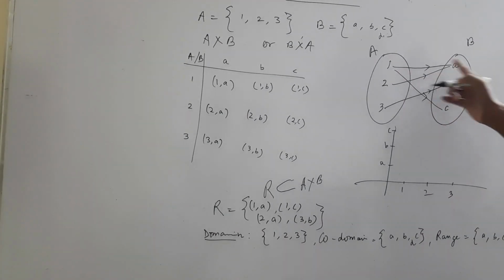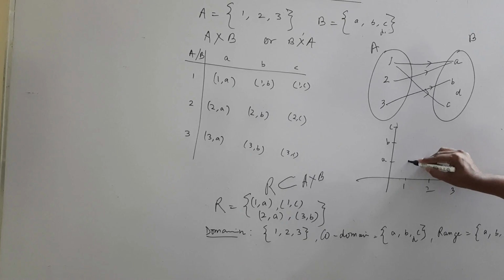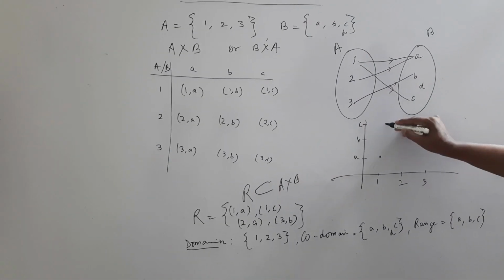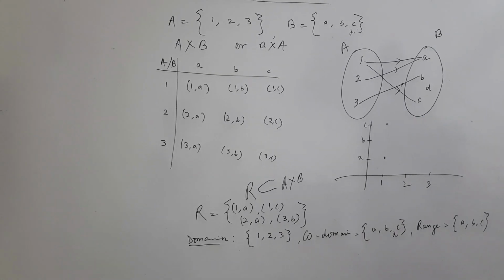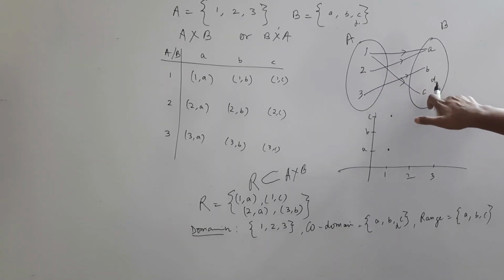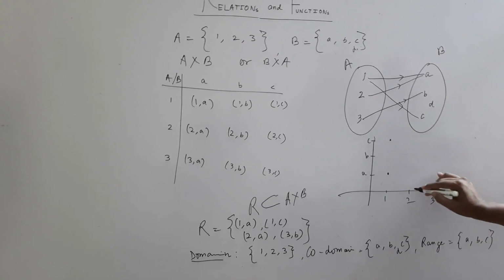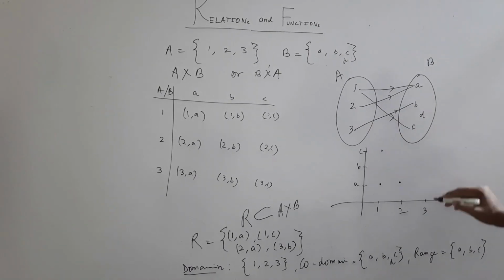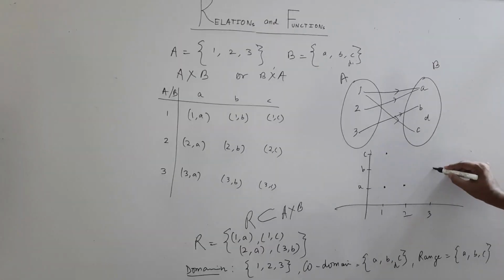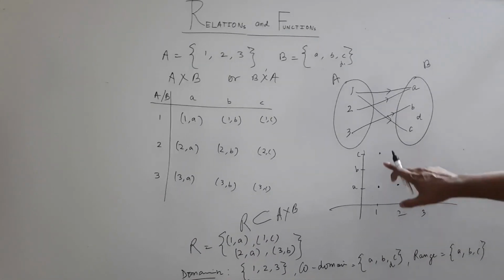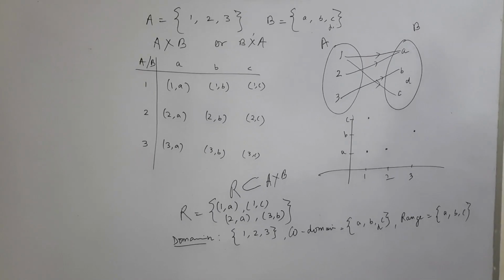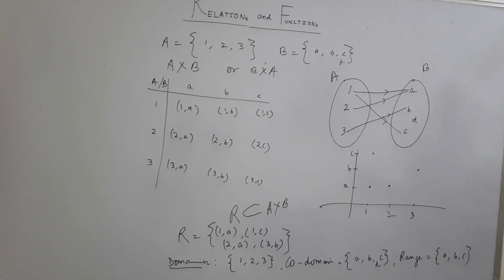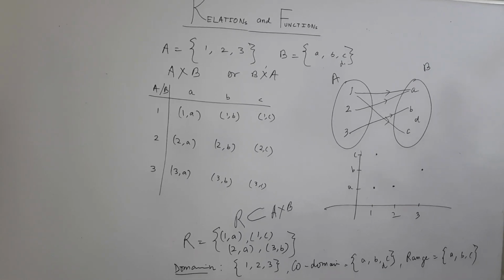Now see 1A, so at 1 you have a point A, and then you have 1C, so this is one more point. Now 2 is related to A, so at 2 also you have A, and 3 is connected to B, so this is the point B. So now these 4 points are there. Now the question is whether this relation is a function or not, which we'll discuss just a little after.